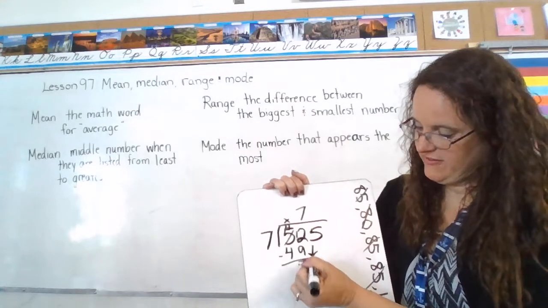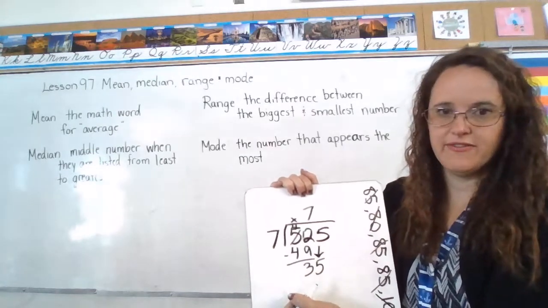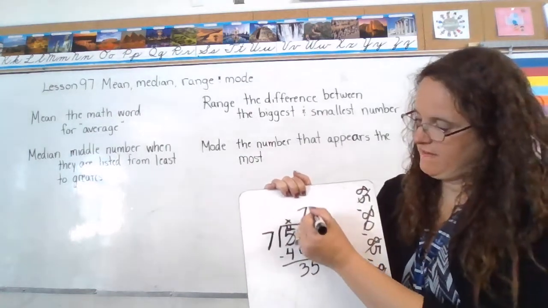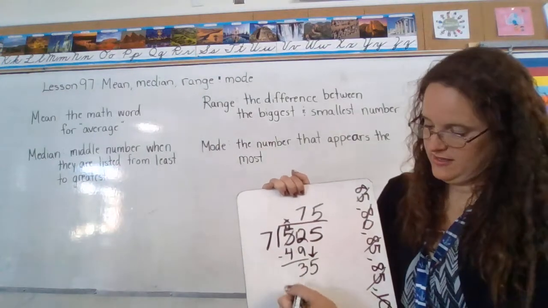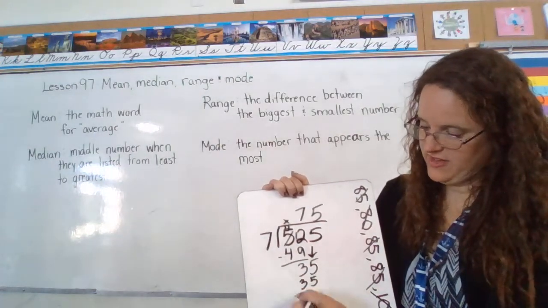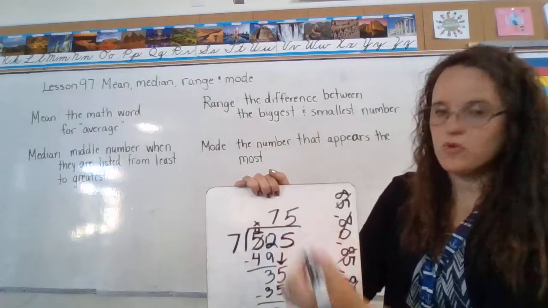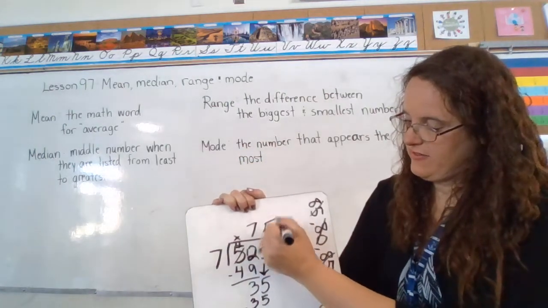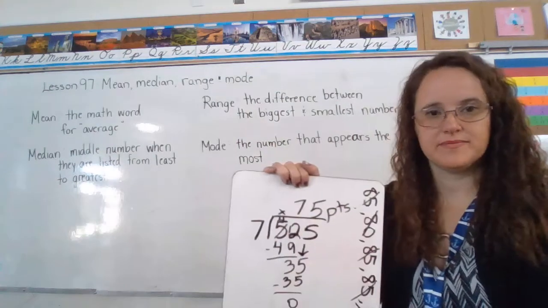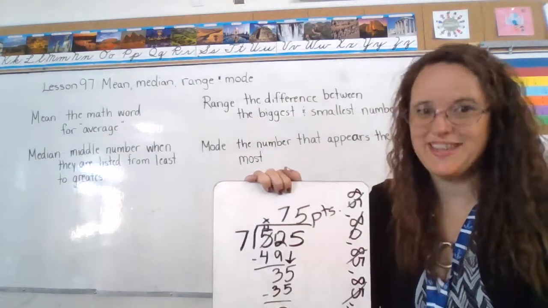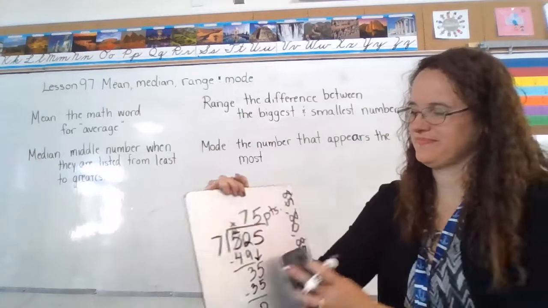Bring down my 5 here. Does 7 go into 35? Yes. 5 times. 5 times 7 is 35. I get 0 remainder. So his average score was 75 points. Or the mean was 75 points.